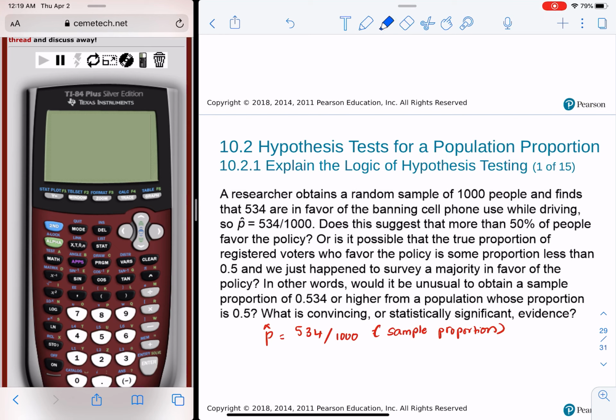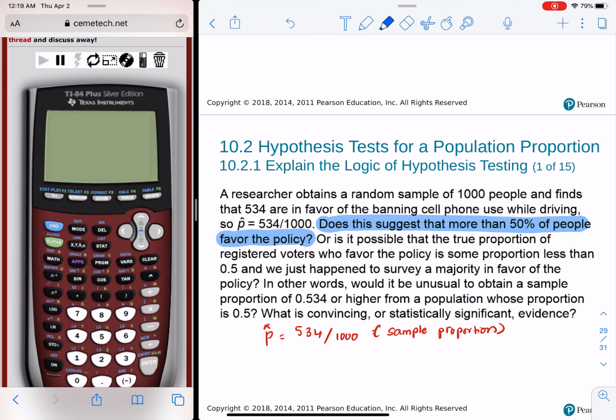Here is a very important question. Does this suggest that more than 50% of the people favor the policy? Or is it possible that the true proportion of registered voters who favor the policy is some proportion less than 0.5, and we just happen to survey a majority in favor of the policy?